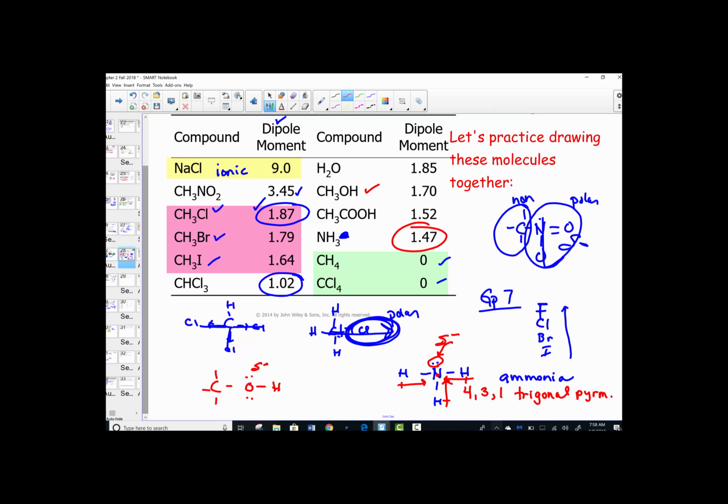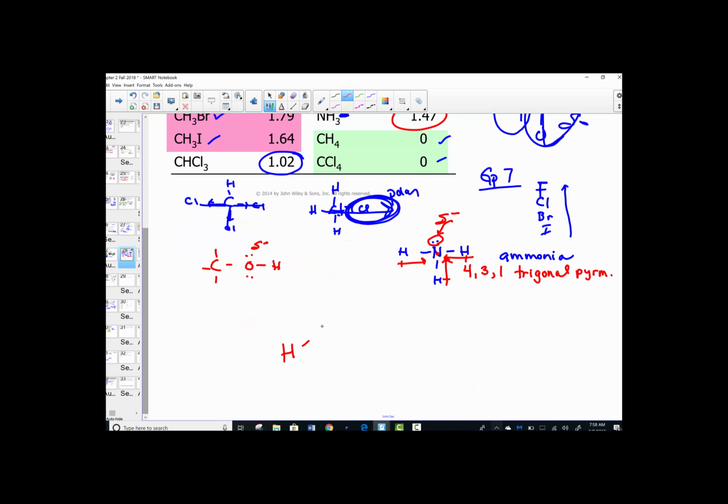Water molecule, HOH. Remember, its molecular geometry is 4-2-2. It's bent. Because it has these electrons on the oxygen, that's very electron rich, making the hydrogens electron deficient, making this a very polar molecule.